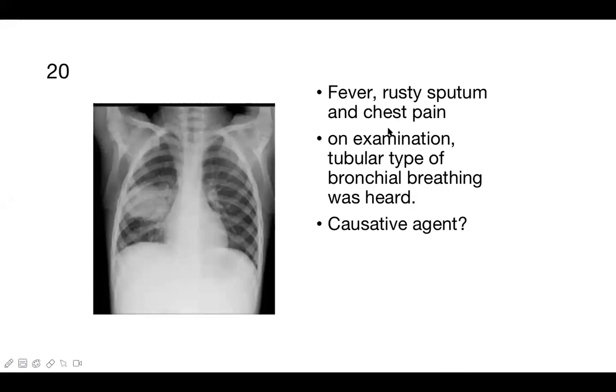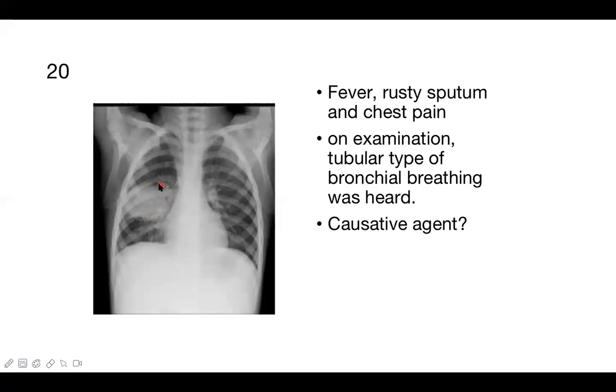This is a case of lobar pneumonia. So let me explain this for you guys. See there, fever. This fever is usually high grade fever with chills and rigor. Rusty sputum, very typical of pneumonia, and chest pain. On that area is a pneumonic consolidation.